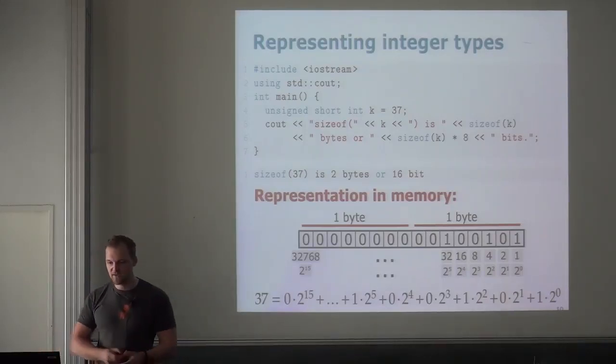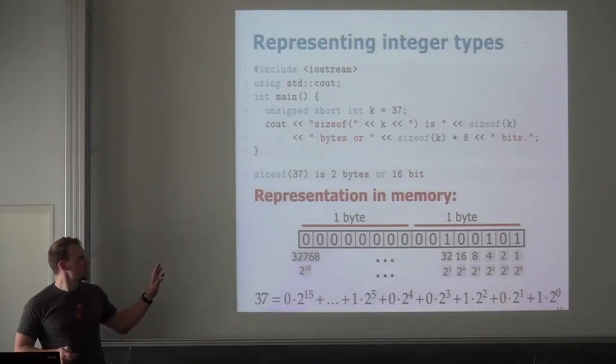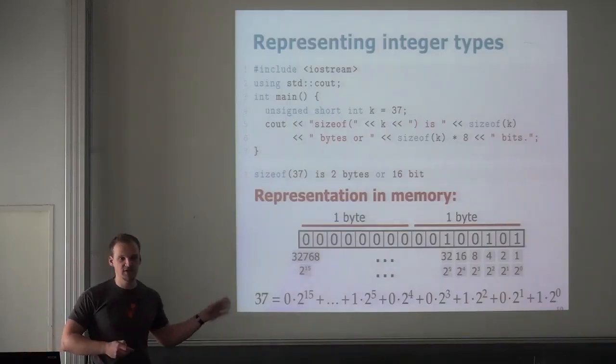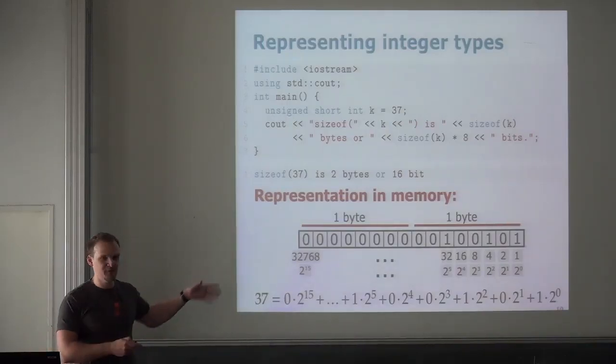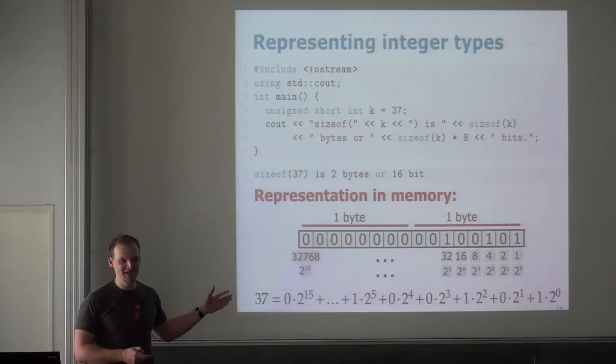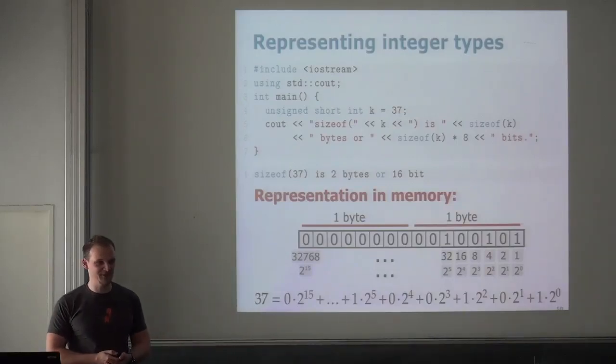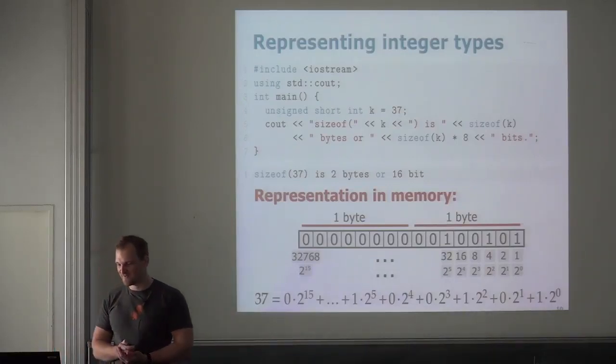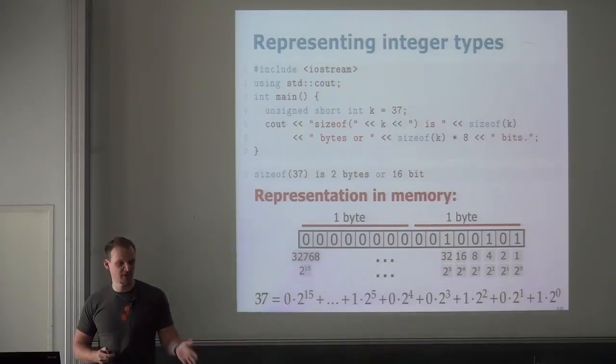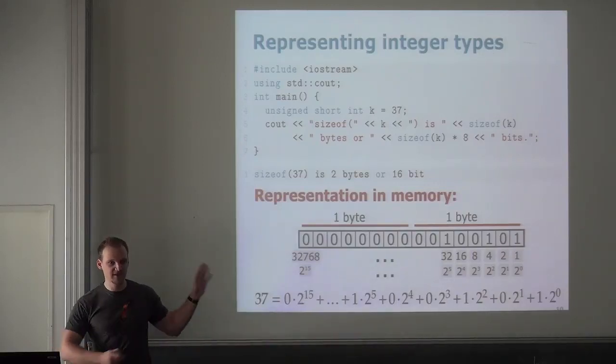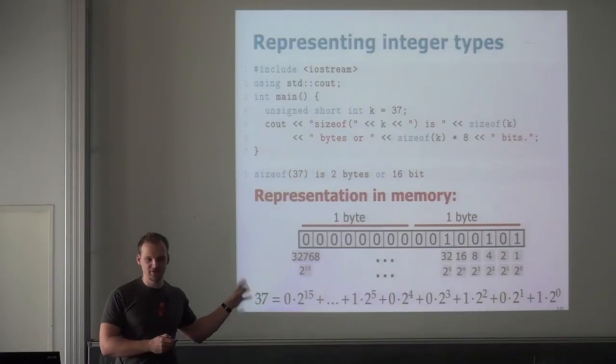Okay? So that's the idea. I only used short here because I wanted it to fit on the slide. I could not fit 4 bytes properly on the slide, so I had to improvise and go with the 2 byte size. But I still wanted you to have a real type on the screen. So this is exactly a representation of the number.